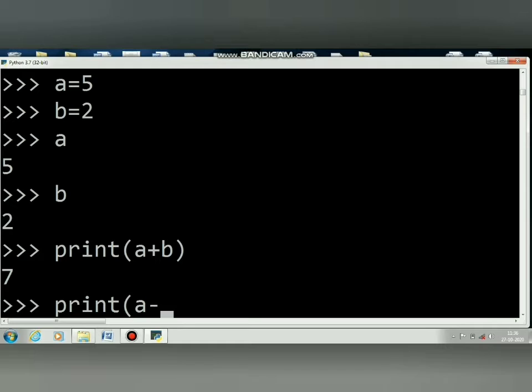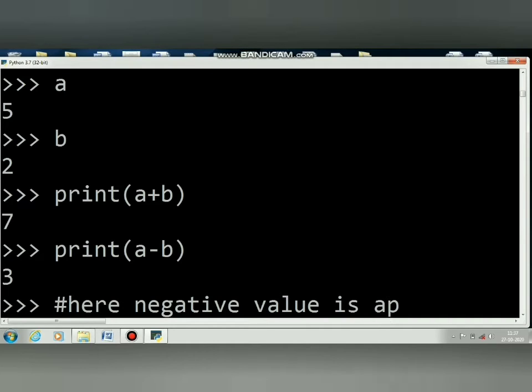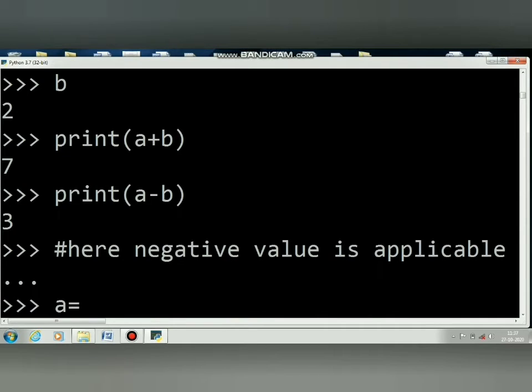Next, I want to know about the minus operator. So A minus B. Here a negative value is also possible. So I'll redeclare the value of the variable for a negative value. Already my A value is 5.